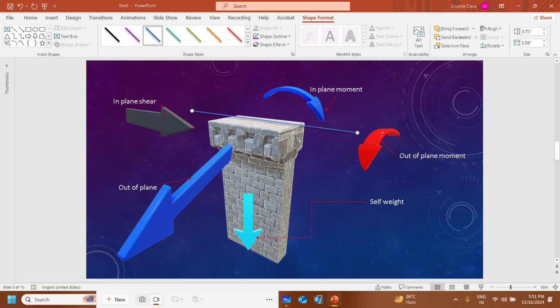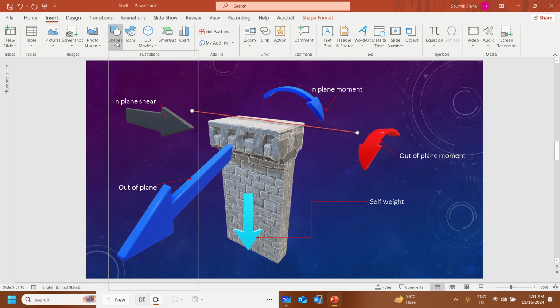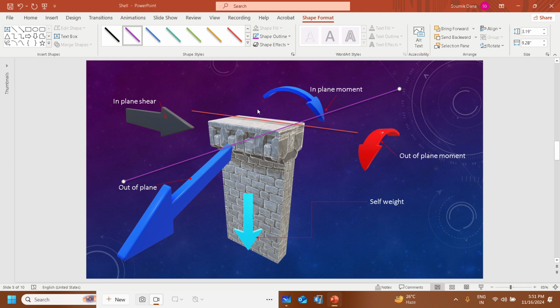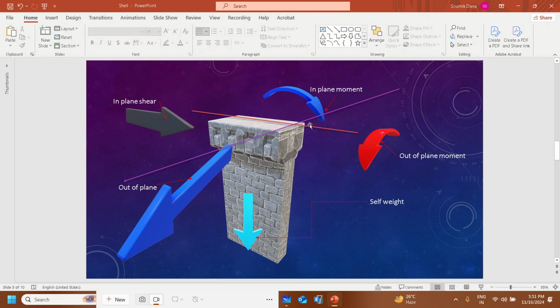If the moment is along the plane, this is called the in plane moment, and the remaining are the out of plane. Okay. That means this is the out of plane and this is the in plane.